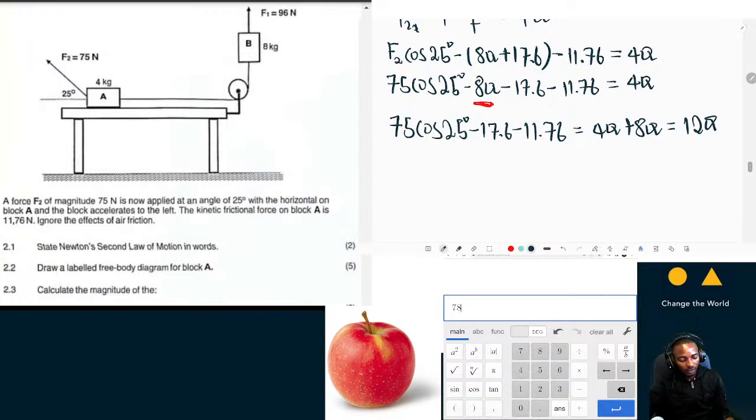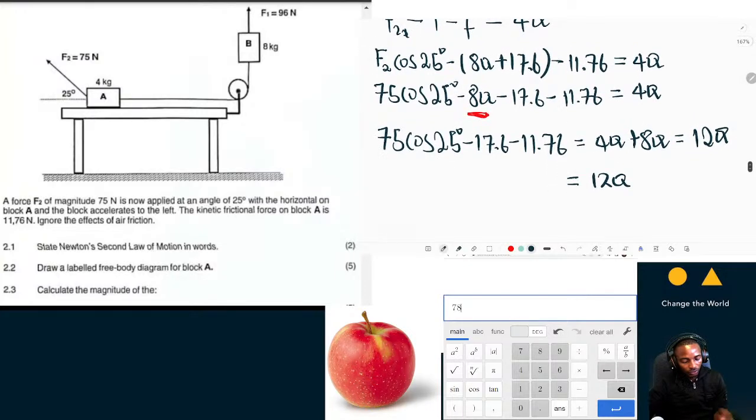So we have 12a on the right-hand side. Now I'm going to simplify the numbers. I have 75 cosine of 25 minus 17.6 minus 11.76.